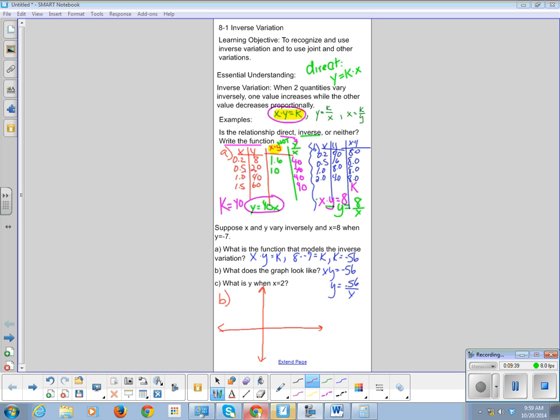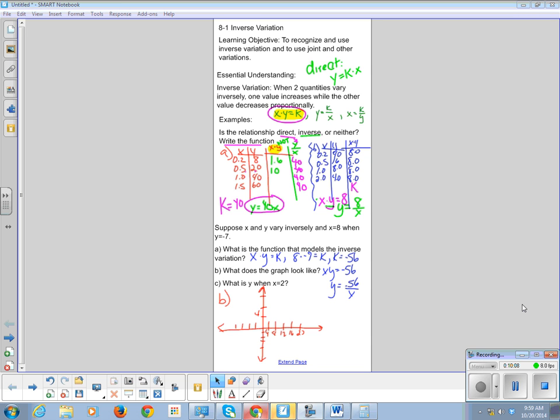So let's go 4, 8, 12, 16, 20. Same with here, 4, 8, 12, 16. Same with here. So our graph is in increments of 4.